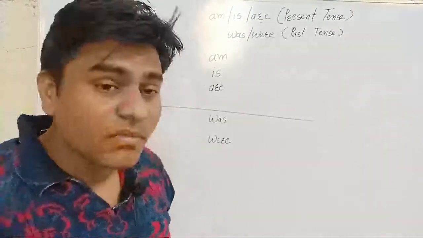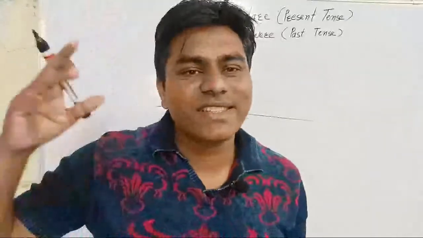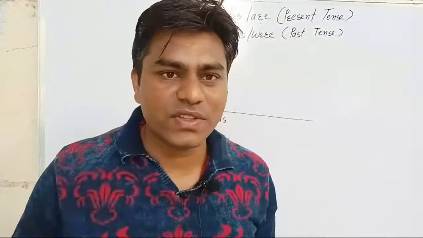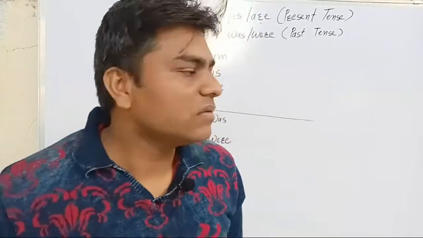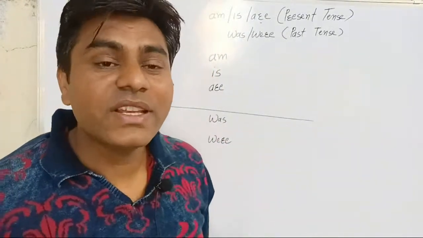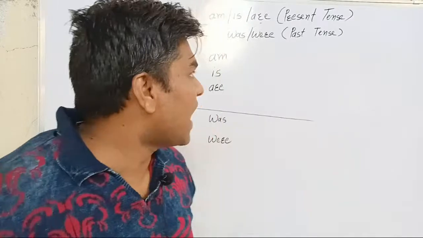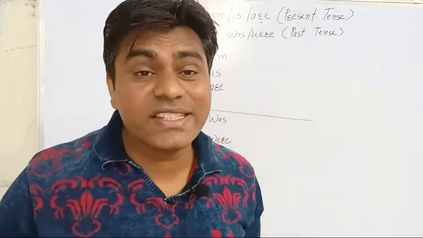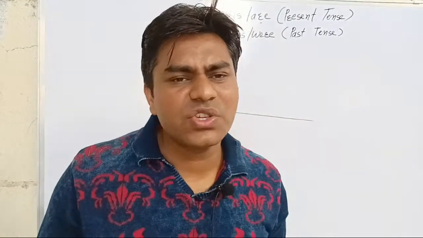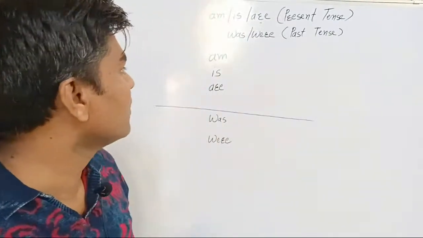In previous lessons, in previous videos, we had learned sentences like I am, he is, and they are or we are. Now in this class, maybe the same sentences we are going to learn.